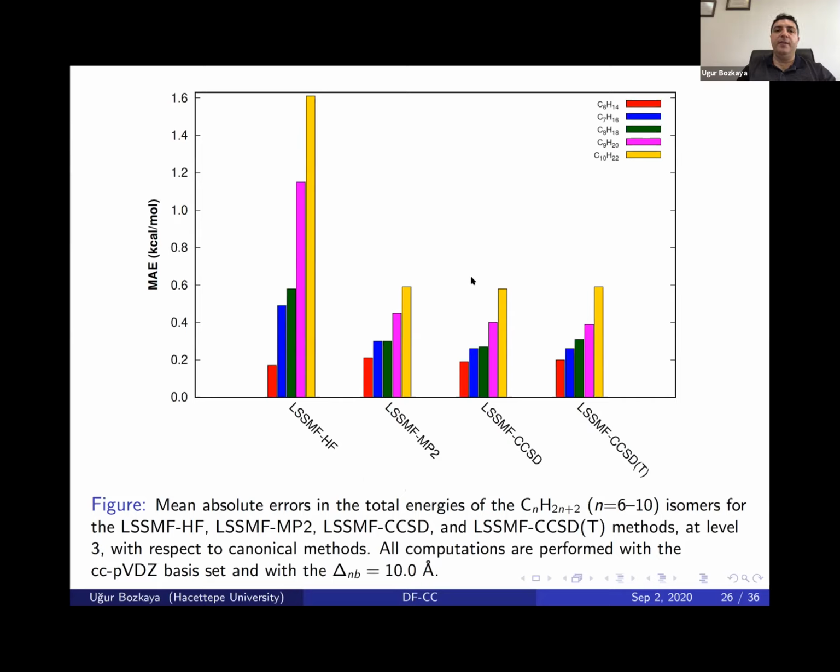And we obtain quite small errors, especially for the LSSMF CCSD(T), and mean absolute errors are less than 0.6 kcal for the considered systems.